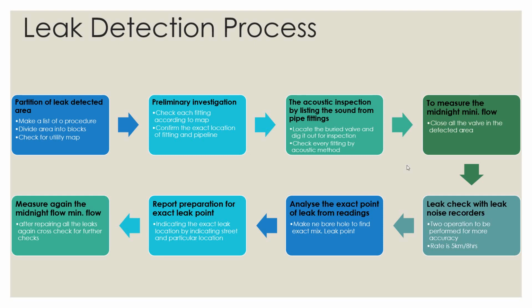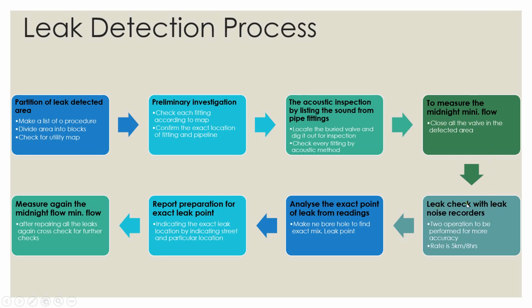Record the number of pipelines which are showing less flow rates, and on that basis go for further checks of leak detection. This fourth step is generally done at night only, because the process should not disturb the main operation or sequence of the consumers. So this fourth step will be conducted at night.